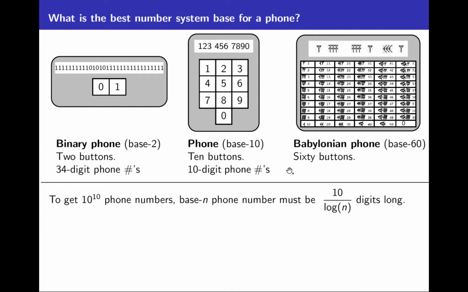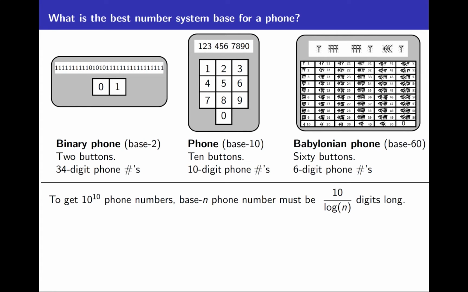Now, what about a Babylonian phone? Base 60. How long is the phone number? Plug in a 60 right here, 10 over log 60. If you work that out, you get 6 digits, which makes sense. They had more digits, more buttons, so you'd expect their phone numbers to be a little bit shorter than our 10-digit phone numbers.